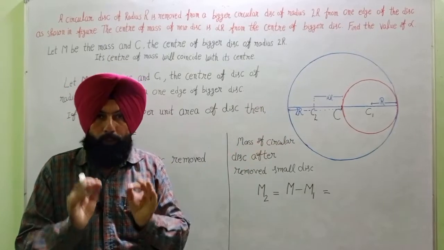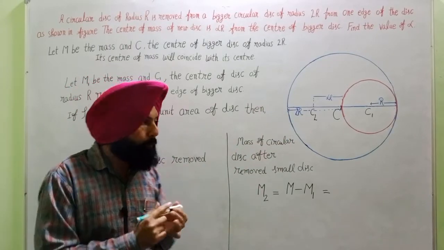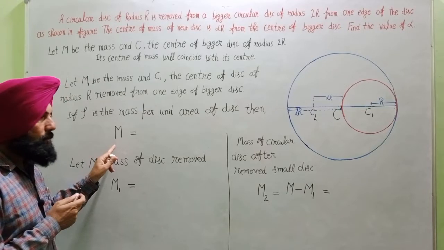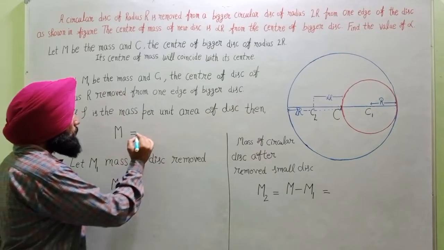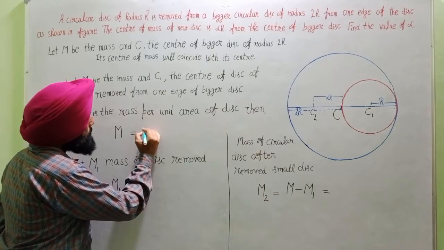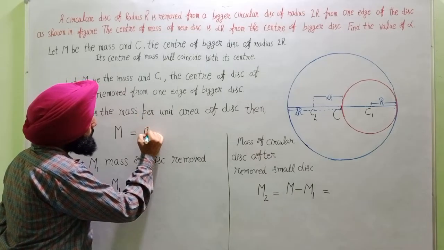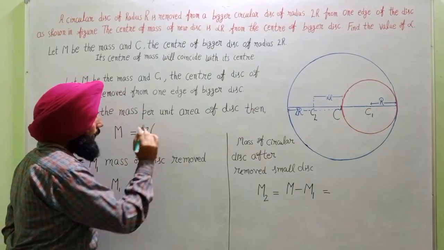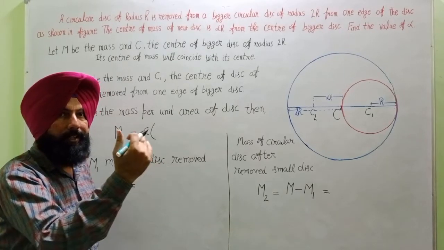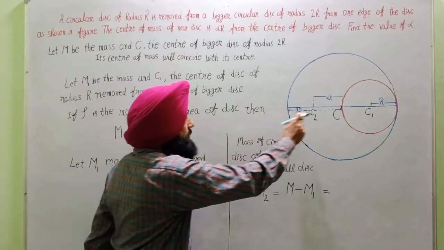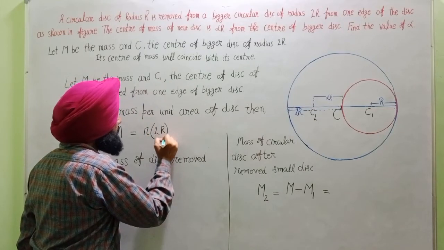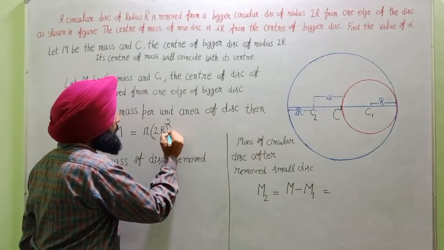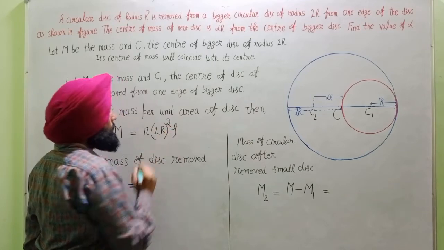we want to find the whole mass of the circular disk before removing the small circular disk, because a circular disk is two-dimensional. So the mass of the bigger circular disk M is equal to pi r square, the radius squared. Now here the radius is 2R, so pi (2R) square into rho.